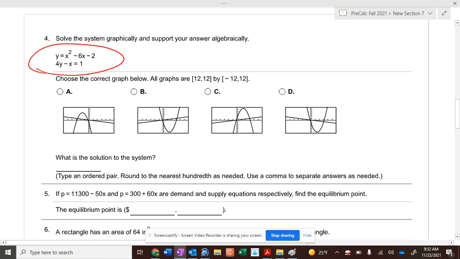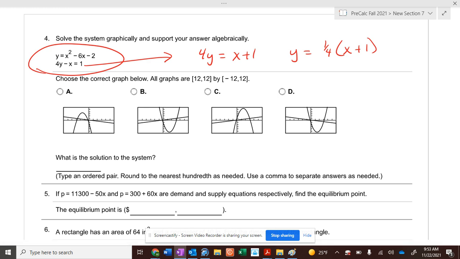But to graph the second one on the graphing calculator, what do you do? Get y alone. So 4y equals x plus 1. So y equals 1/4 times the quantity x plus 1, or x plus 1 divided by 4, or x over 4 plus 1/4, however you want to do it.